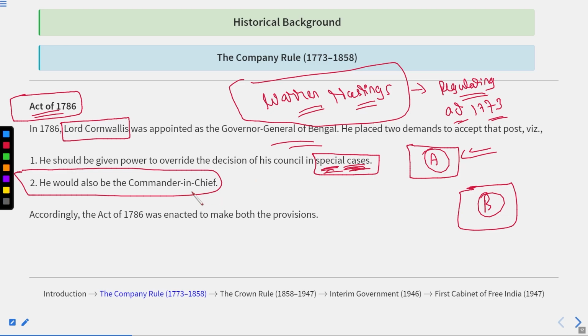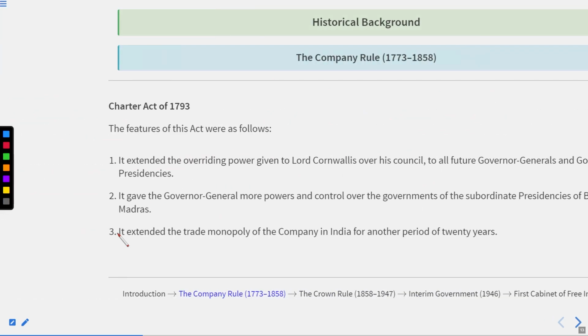But he placed a demand that he must be the commander in chief and must get the military powers as well. All right. So to empower his conditions and his demands, basically the Act of 1786 was enacted. All right. So keep this thing in your mind.